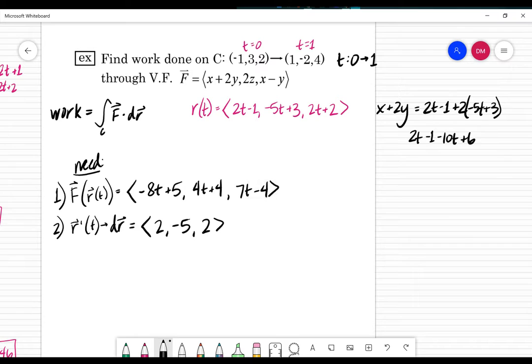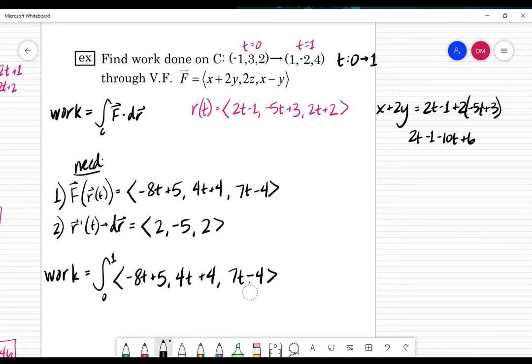That's the nice part. Because now when we get down to our integral to find work, we're going to go along the contour from 0 to 1, and we are going to take f and we are going to dot it with the derivative of r.